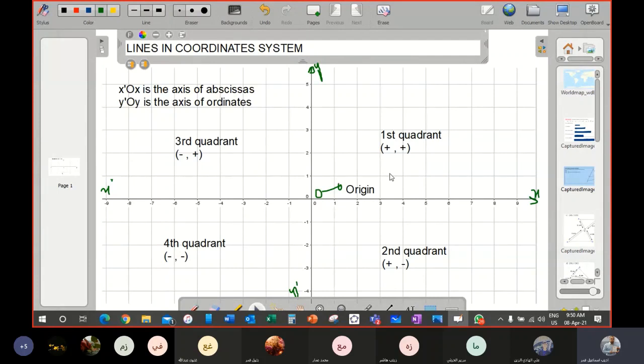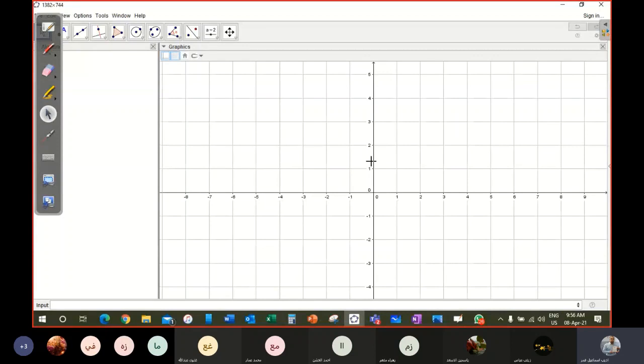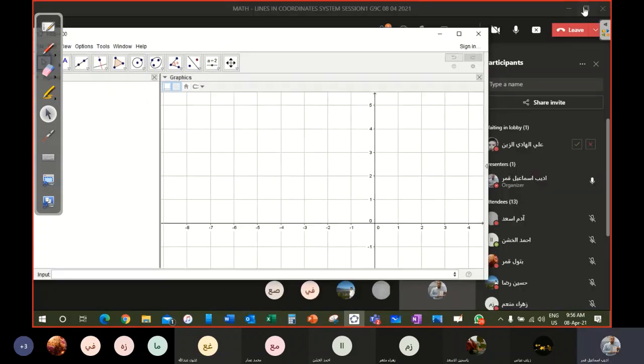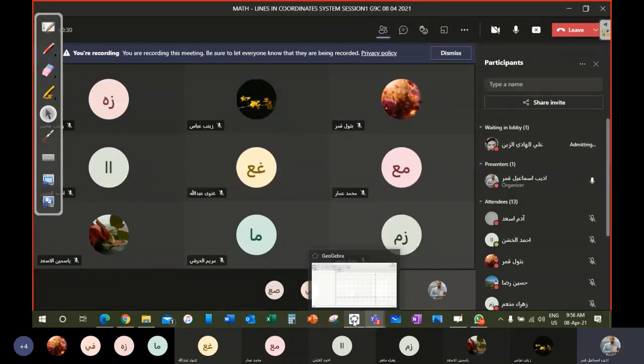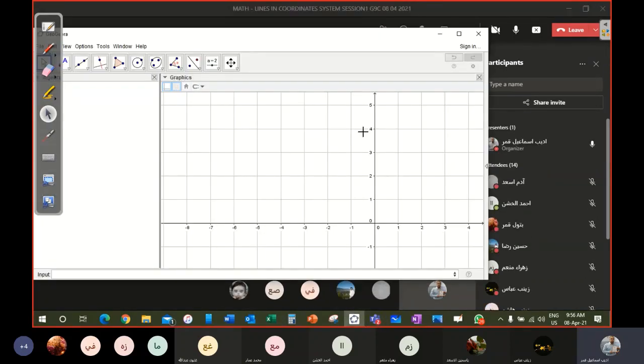So this is a brief explanation about the system of axes, x prime or x, y prime or y, or we call it coordinates system. To plot a point on the coordinate system, this point should have an abscissa and an ordinate.